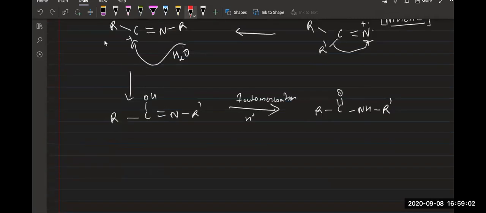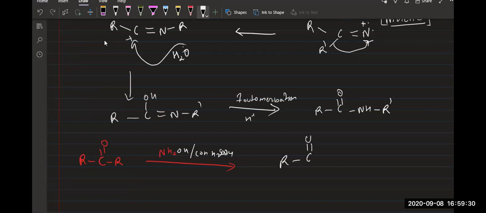My overall reaction is R, C double bond O, R dash, reacting with NH2OH and H2SO4, which will give me R, C double bond O, NH, R dash. Got it, everyone?